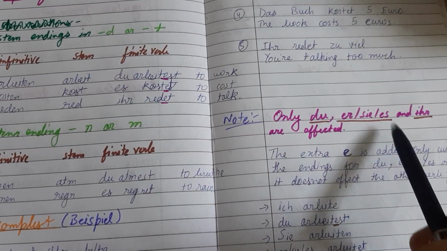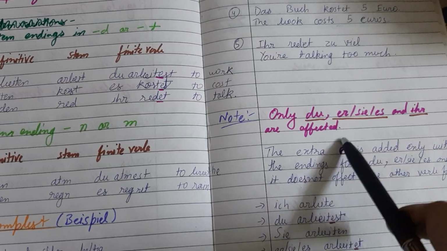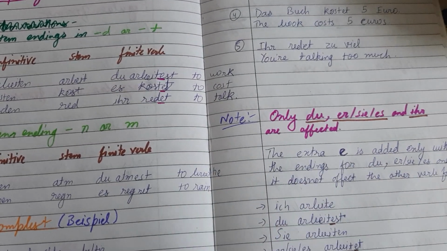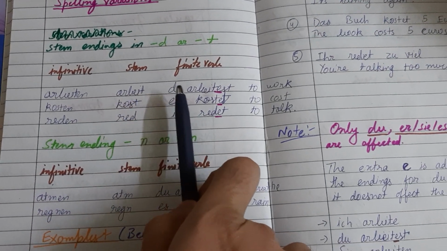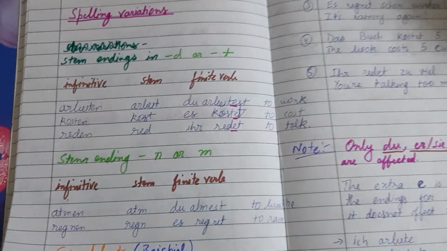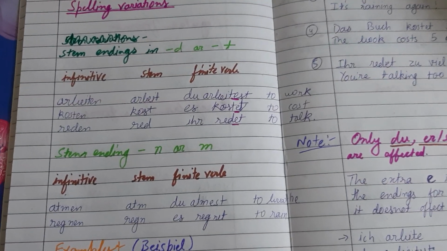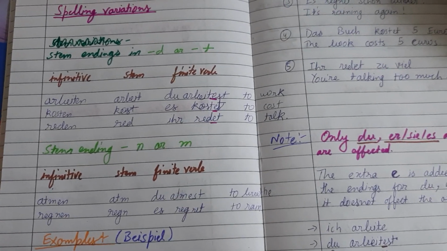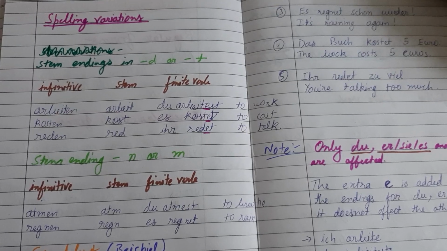It will not be affected for ich, sie in plural, and wir. So we say er arbeitet, and ihr arbeitet.